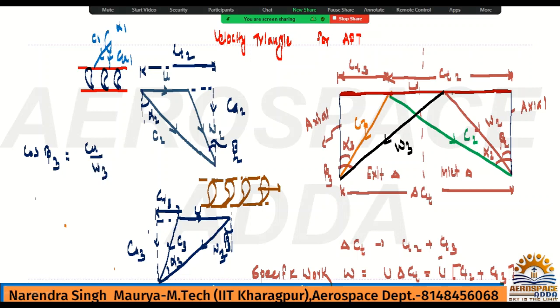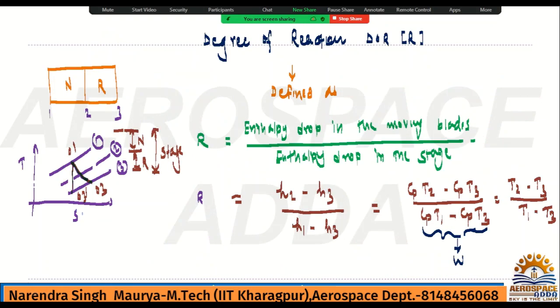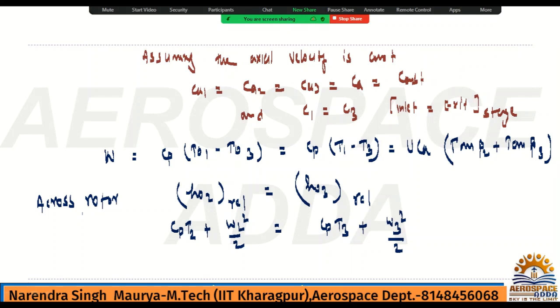Similarly, because we have it in terms of beta, cos beta 2 will be Ca divided by omega 2. If you place these values, check the triangle.